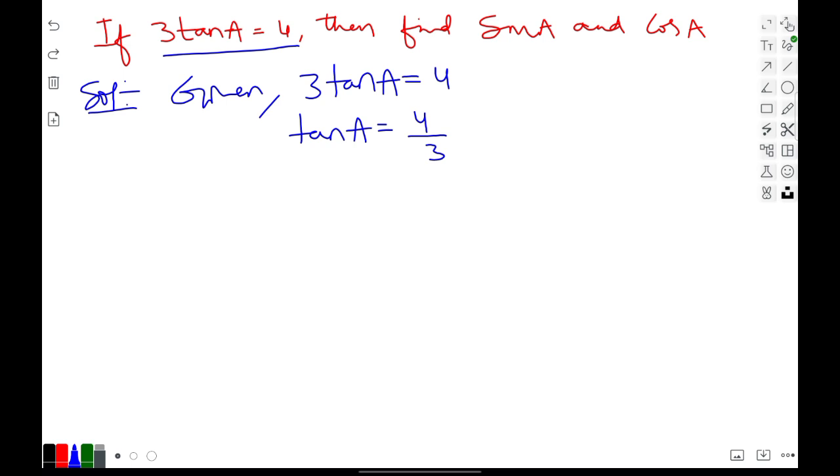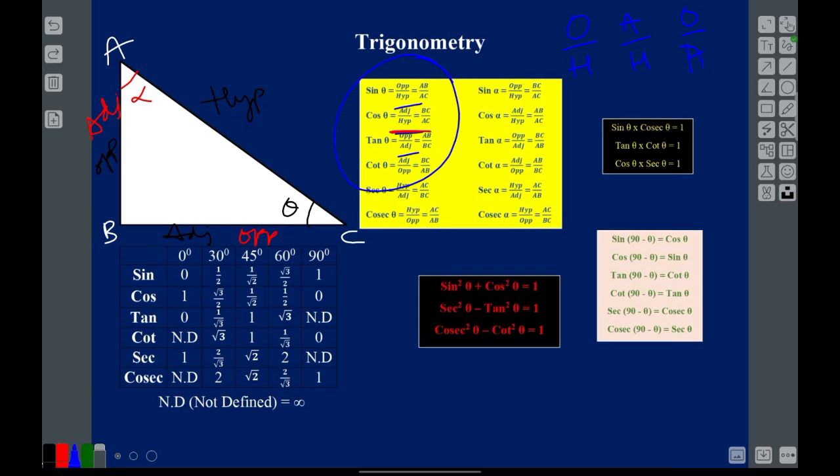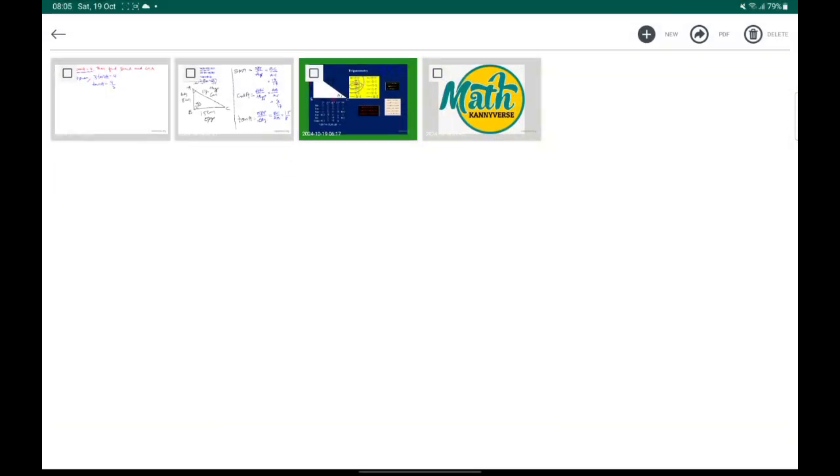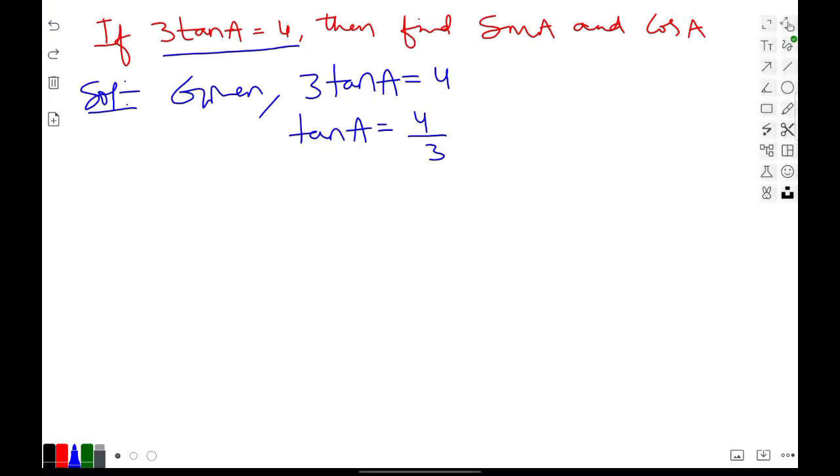Here 3 is in the numerator; when I send it to the opposite side, it will come to the denominator, right? So from here, what is tan A? Tan A is opposite by adjacent, which is 4 by 3.